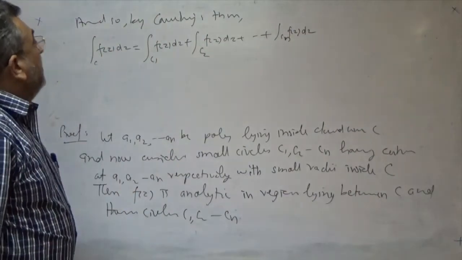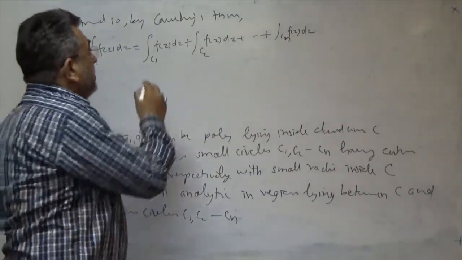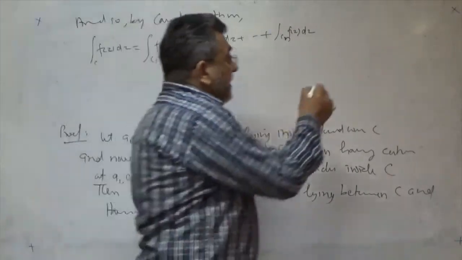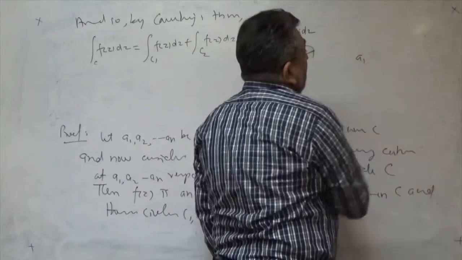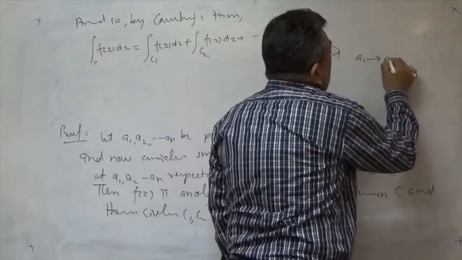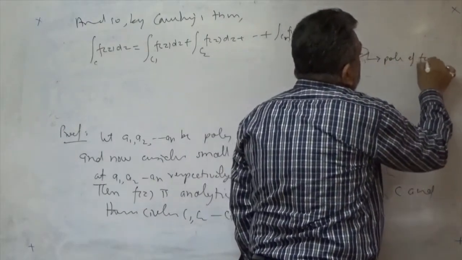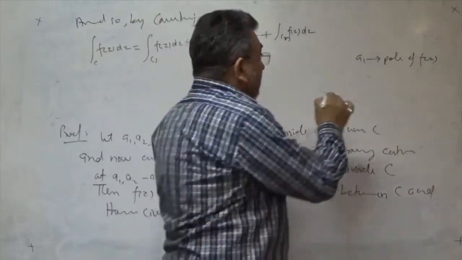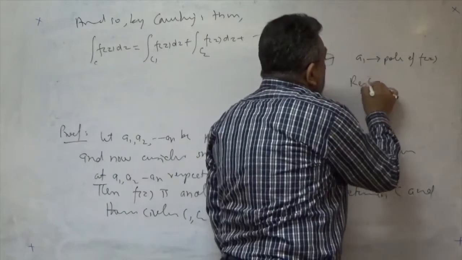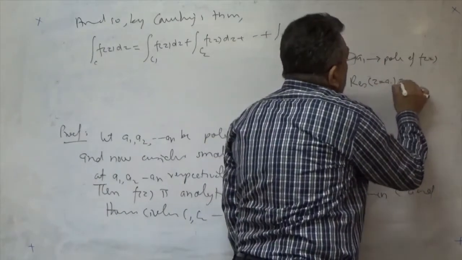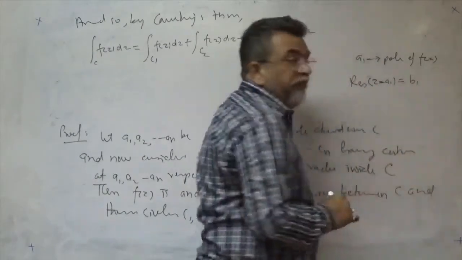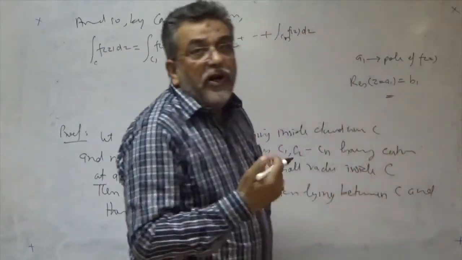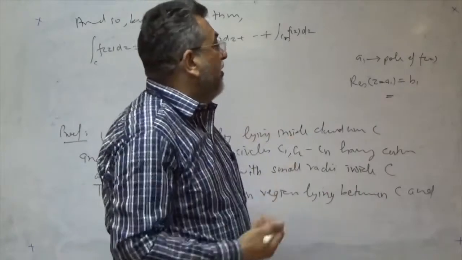Because A1 is a pole of f(z), we can take the residue at A1 equal to b1, and by the formula this is the coefficient of 1 upon (z minus A1) in the Laurent expansion.